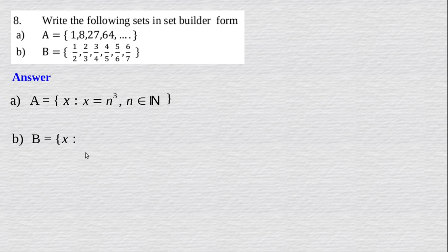So we can write this as x is equal to n by n plus 1, and n belongs to N. One more condition for n is that n must be less than or equal to 6. When n equals 6, you get 6/7. When n equals 5, you get 5/6. When n equals 1, you get 1/2, and so on.